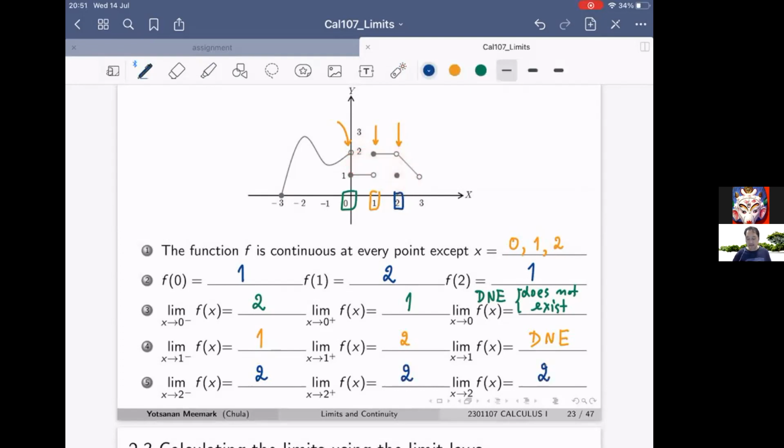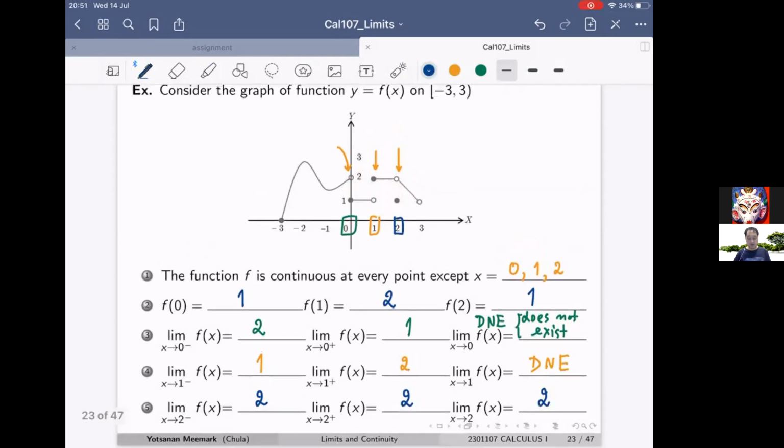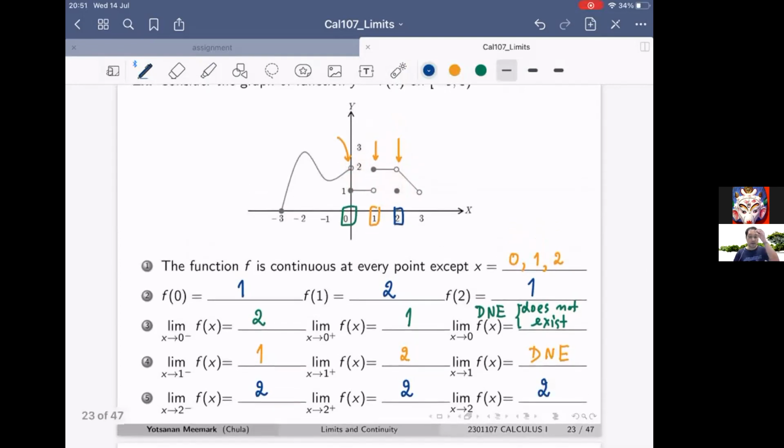So it means that the limit as x goes to 2 of this function equals 2. So if you are given the graph of a function, then you will be able to determine a function value and the limit of a function at each and every point, and also to see whether the limit at each and every point exists or not.